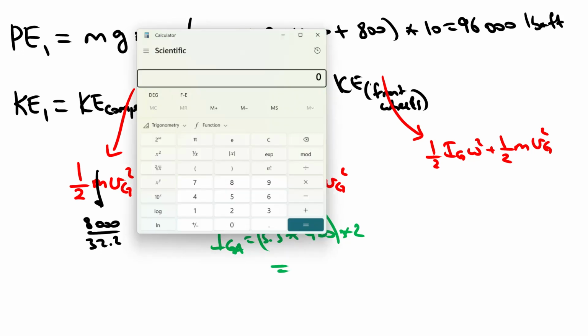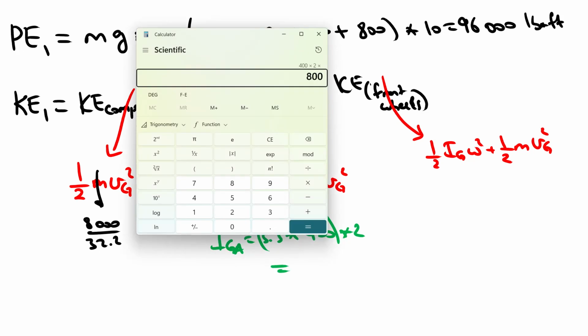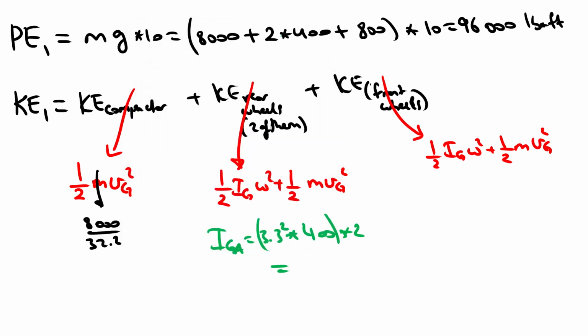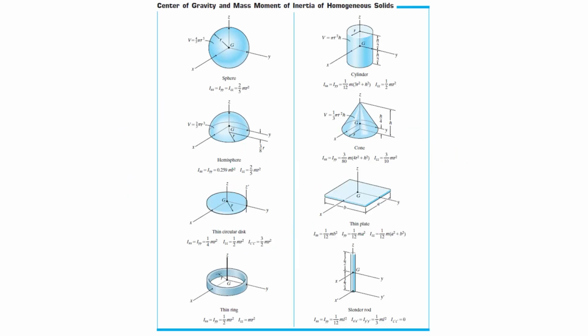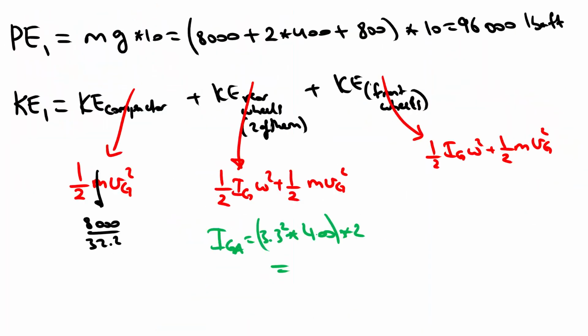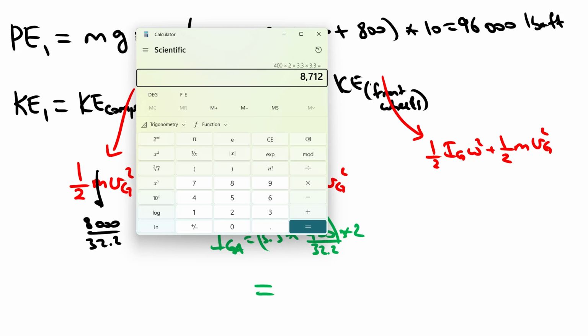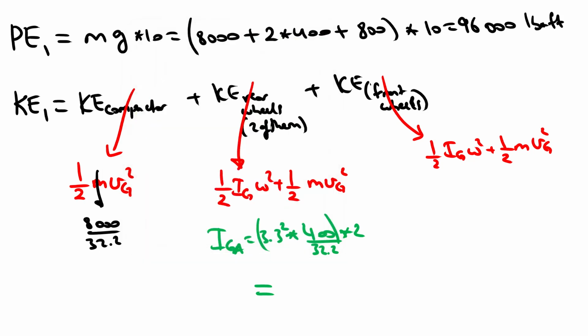That will be 400 times 2 times 3.3 times 3.3, 8712. This 400 is lb, so that will be 400 by 32.2, again by 32.2. That makes 271.